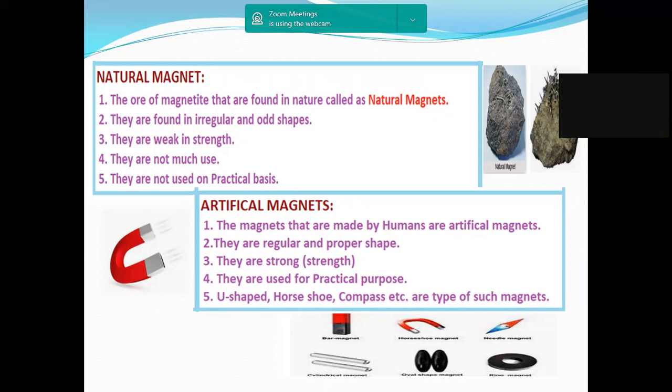They are irregular, weak in strength, and we are not using them on a practical basis. Then comes up artificial magnet, the one which is made by humans. They are regular, smooth, with proper shape. They are strong and thus used by us for practical purposes.